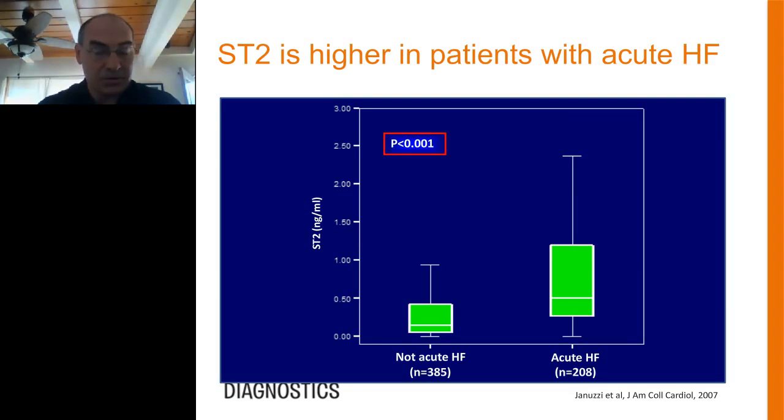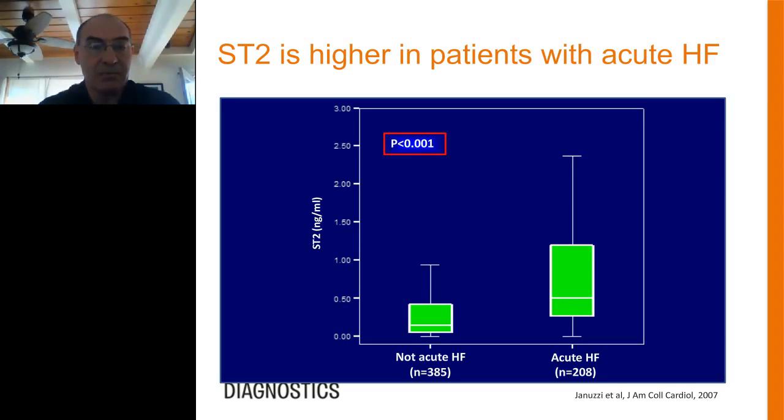It's not absolute. Of course, the perfect diagnostic test would be positive in patients who have the disease and negative in patients who do not have the disease. Very few diagnostic tests meet that criteria. There's usually some overlap of higher concentrations in disease and lower concentrations in the absence of disease, more similar to what we see here. Now, if there was no other test for diagnosis of acute heart failure, this may be good, but there is a test.